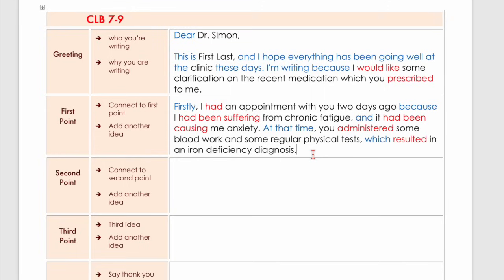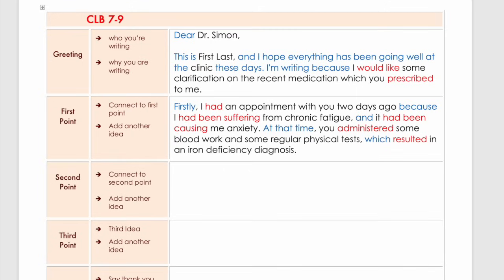But after that, the doctor diagnosed you, or the result was an iron deficiency diagnosis. Usually I'm saying that because I know that if you are fatigued, you probably have some kind of deficiency. So that's my example. Then we want to leave a line here. Now we're going to go to the second point.